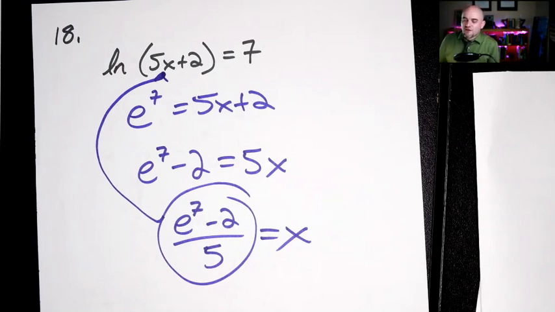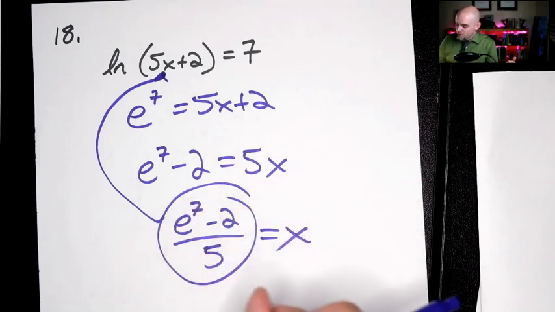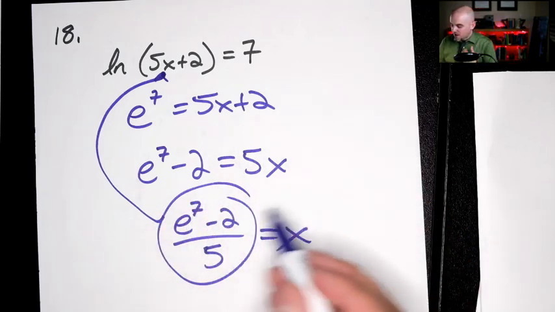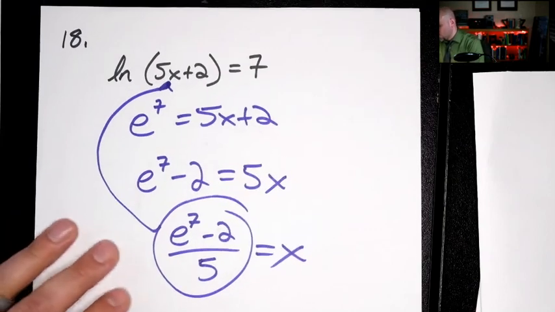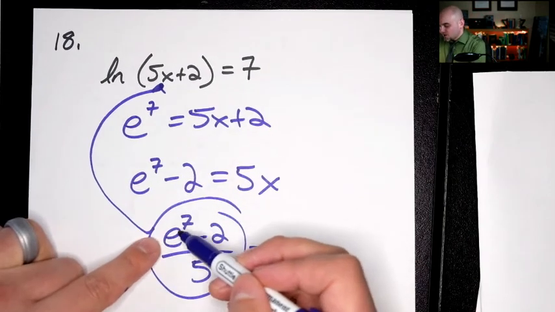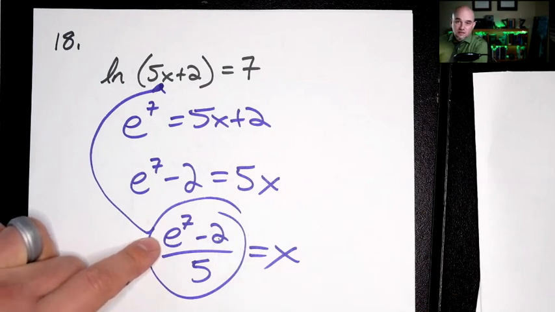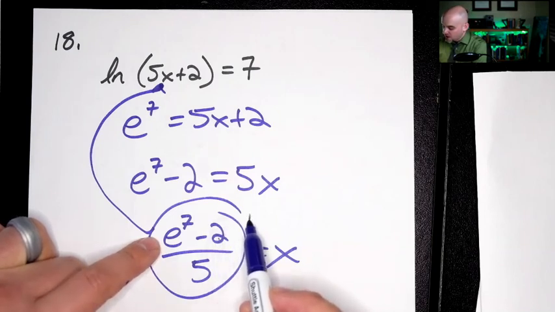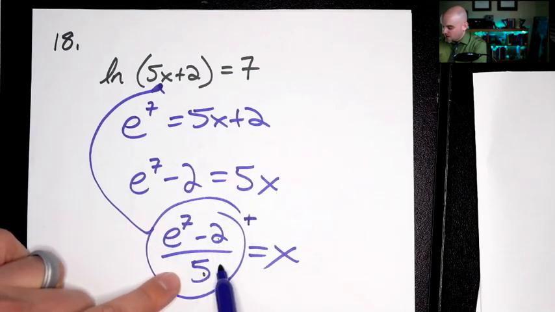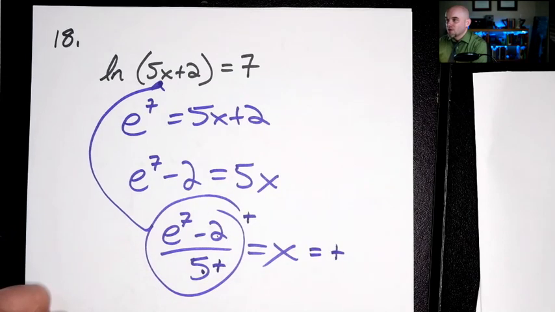All right, so just do that in your head very quickly. I'm just kidding. I know you can't do that in your head. It's this 2.71 something to the 7th power minus 2 over 5. You're like, what are you doing? But think about it though. 2.7 to the 7th power is going to be bigger than 2, isn't it? It's almost like saying 3 to the 7th minus 2. So this is going to be a positive number divided by another positive number. X is a positive number here.